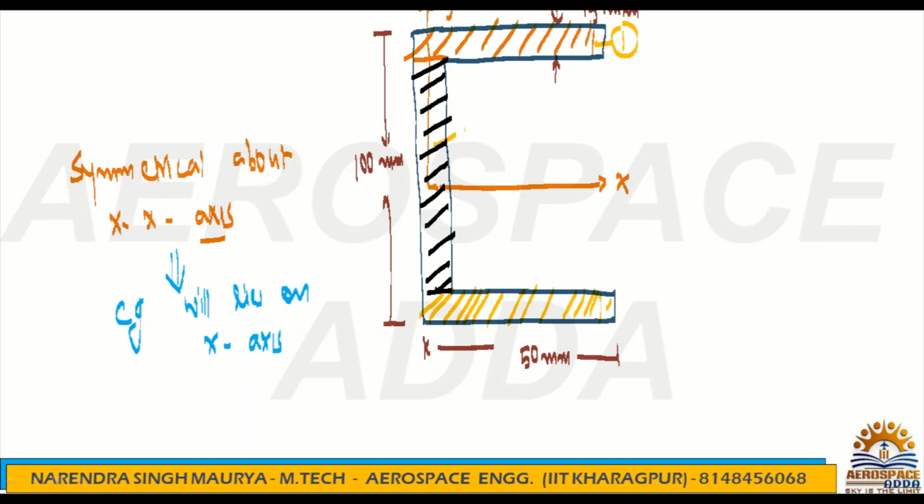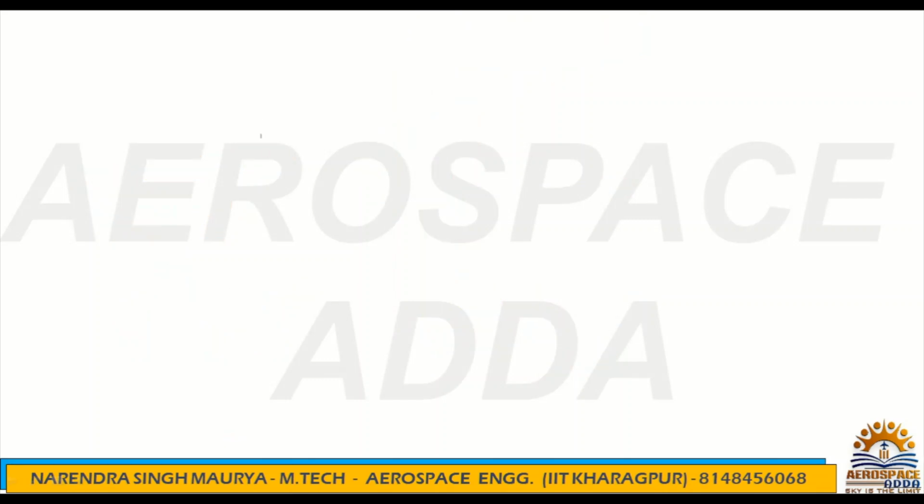For all 3 sections, we can say this is 1, this is 2, and this is 3. For all 3 sections, we have to calculate. We can make a separate calculation and then find x bar, because CG is now very clearly lying on the x-axis, so we are going to calculate x bar.